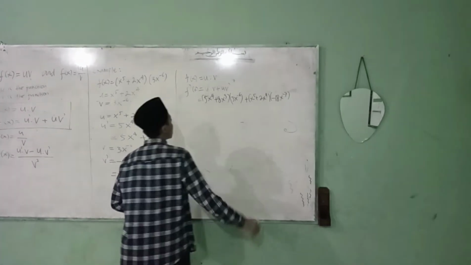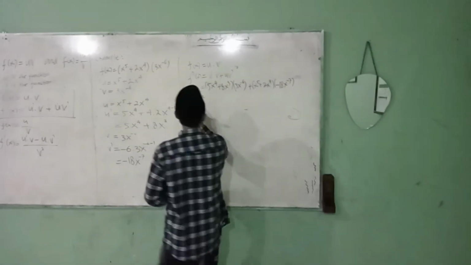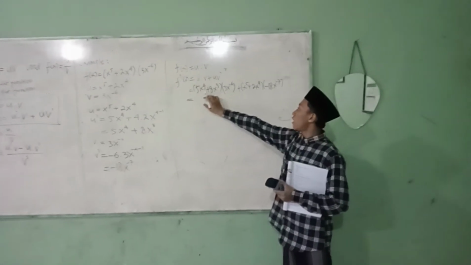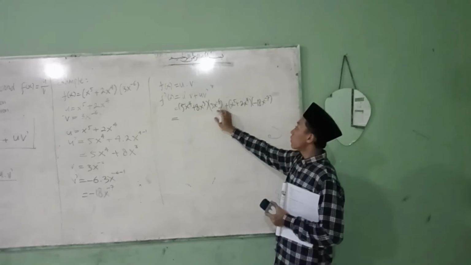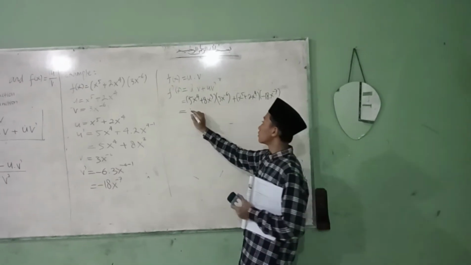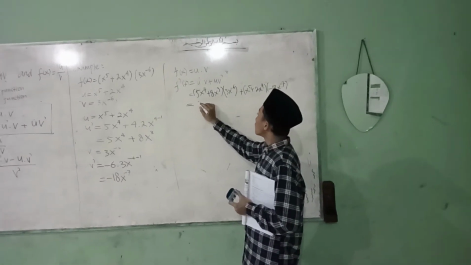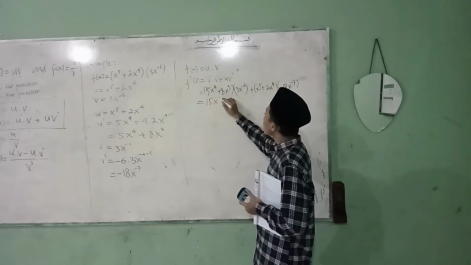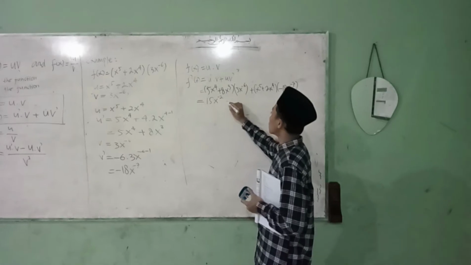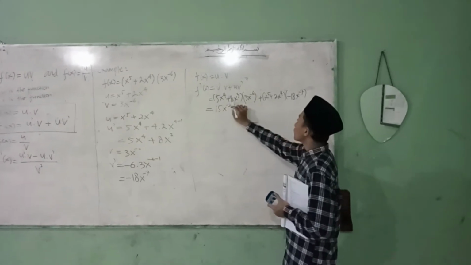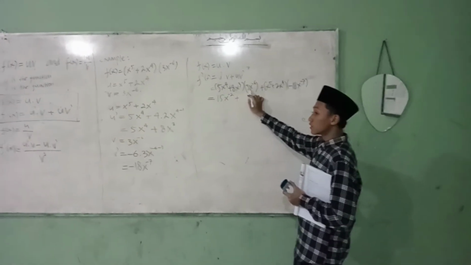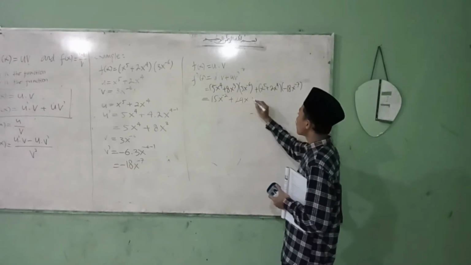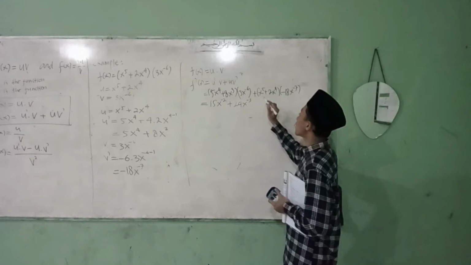Okay, we are going to multiply each side. 5x to the power of 4 times 3x to the power of negative 6 is equal to 15x to the power of negative 2. Plus 8 times 3 is 24, x to the power of negative 3.